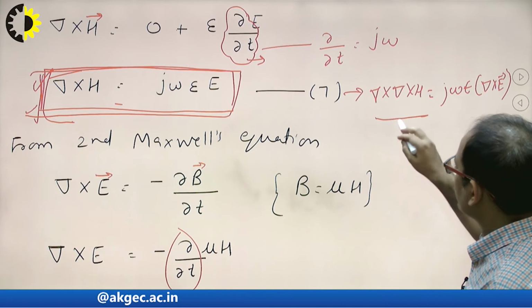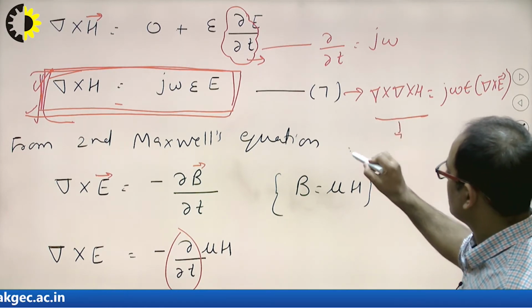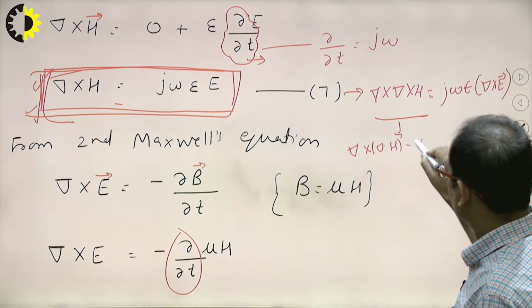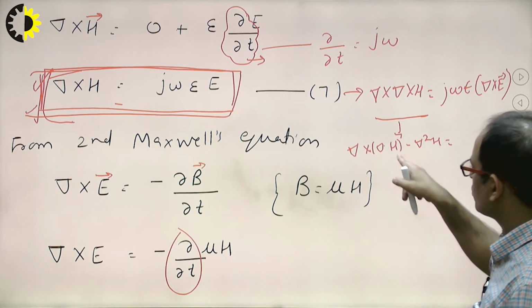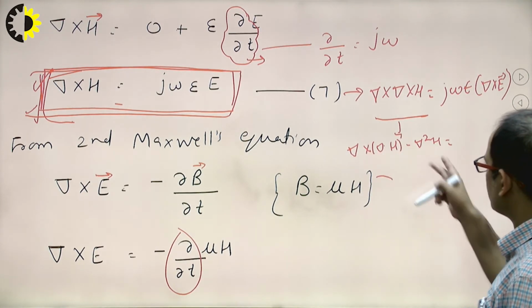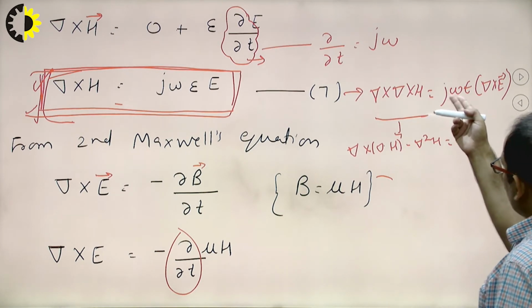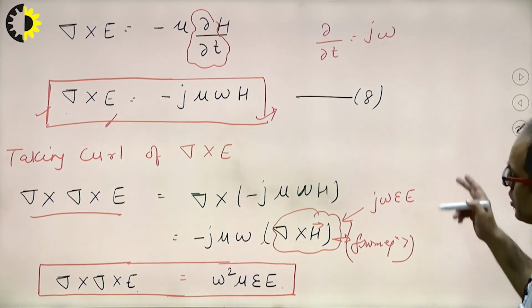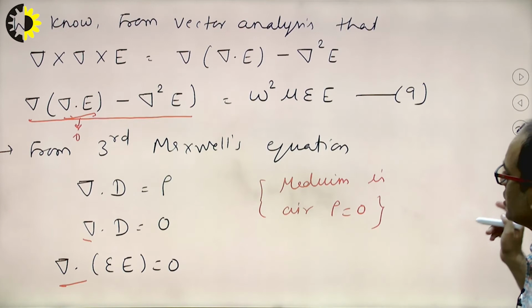On using the identity and del dot H equal to 0, del cross del square H comes out to be minus omega square mu epsilon Hx.